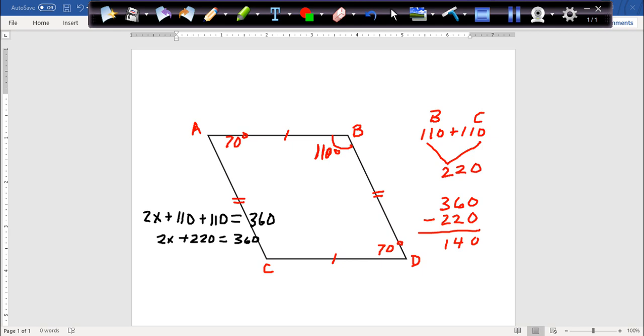And of course, when we're solving for x, we want to get x off to itself. And in this case, this is an addition. So we want to do the opposite of addition, which is subtract 220 on this side. And when we do that, that cancels out, right? And that leaves 2x on this side. But remember, what we do to one side, we have to do to the opposite. So we did a minus 220 over there. We have to do a minus 220 on this side of the equation. And of course, that leaves us 140.